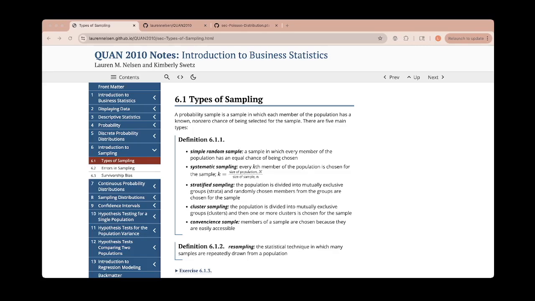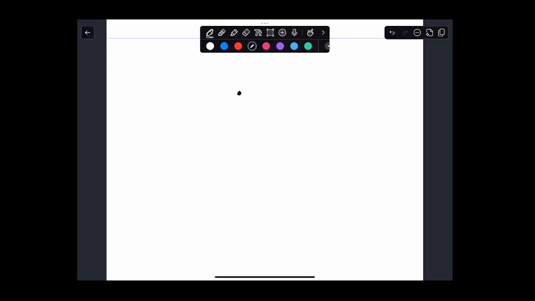So just really the simplest kind of random sample that you can think of. Systematic sampling is where I choose every kth member of the population to be in my sample. So let's say I'm going to think about people in my population. There are 1, 2, 3, 4, 5, 6, 7, 8, 9, I'll make it 10. Let's say I want a sample with 5 people in it. Well, if I have 5 people in my sample, my n is going to be 5.